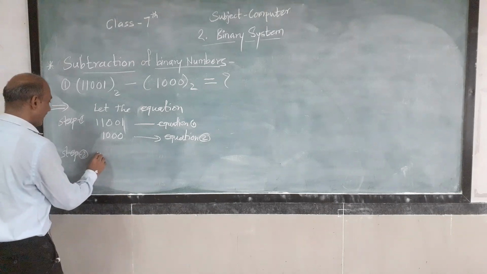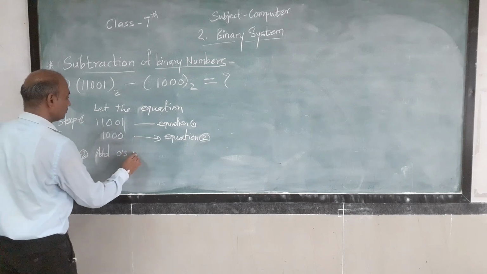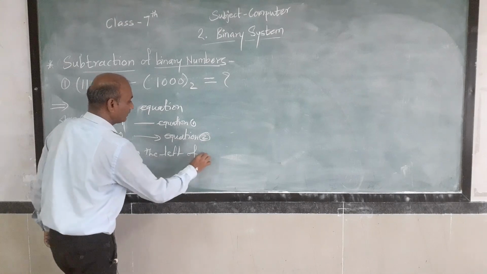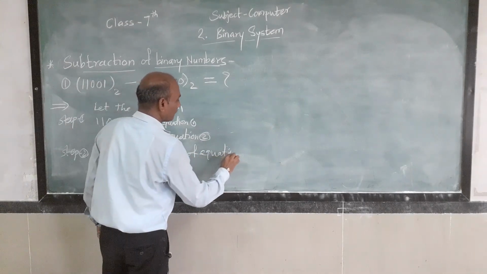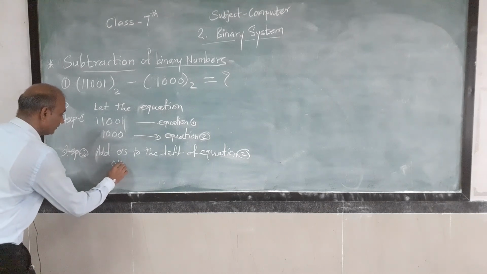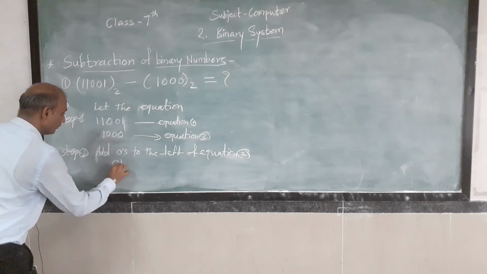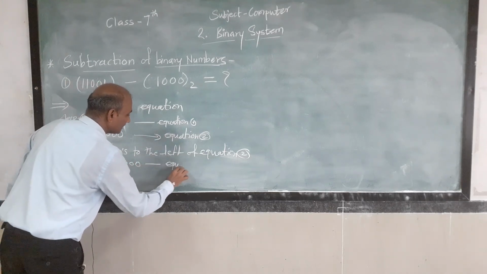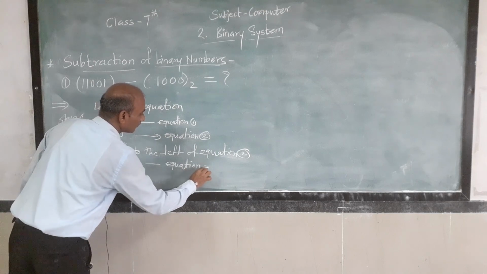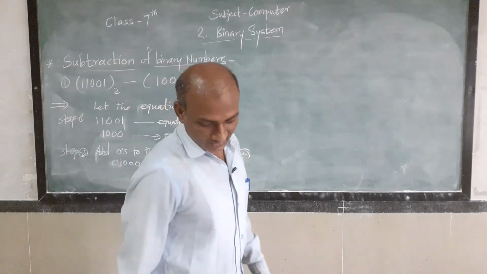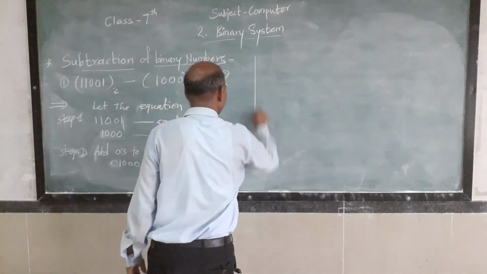What we do is add zeros to the left of equation 2, giving 0 1 0 0 1. We call this equation 3. Understand? Now what is our next step?